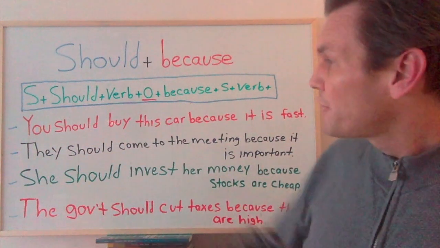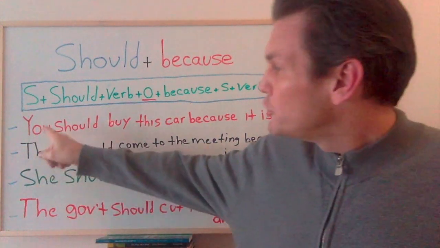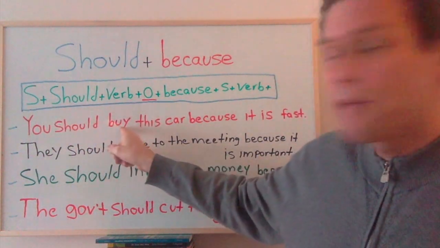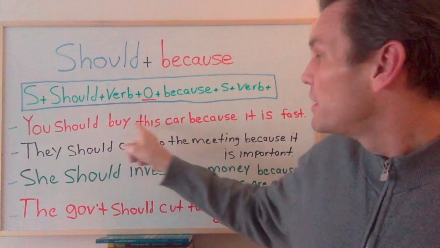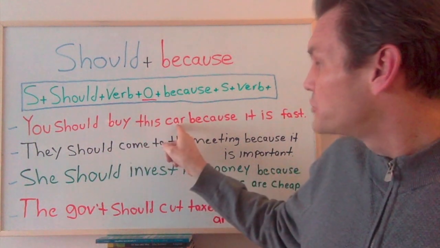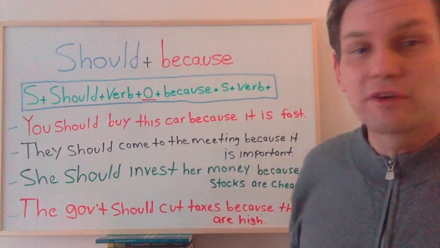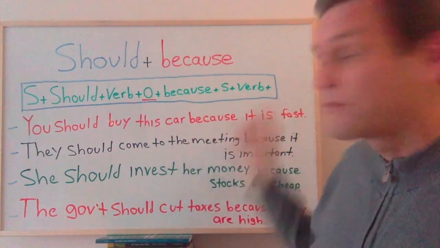So look at this example below. You is the subject, should buy, buy is the verb, this car, object, because it is fast. So the reason for the advice, it's fast.